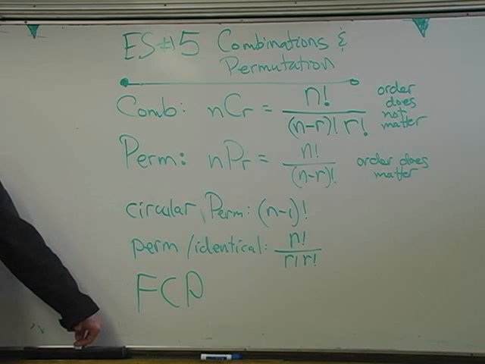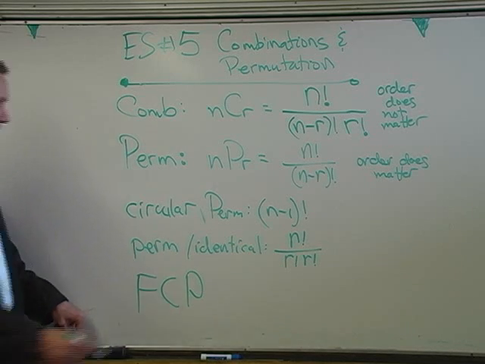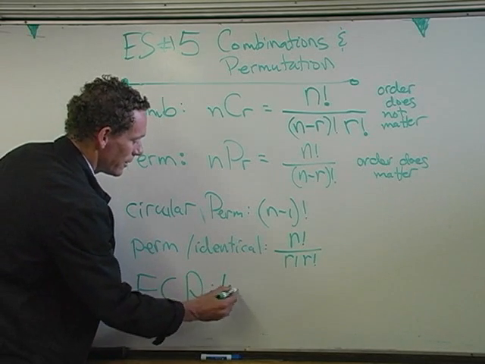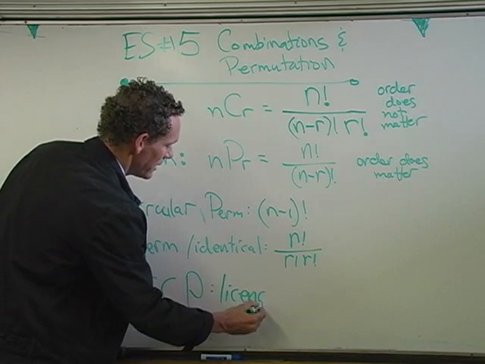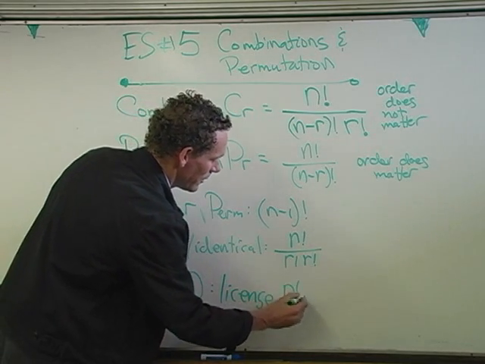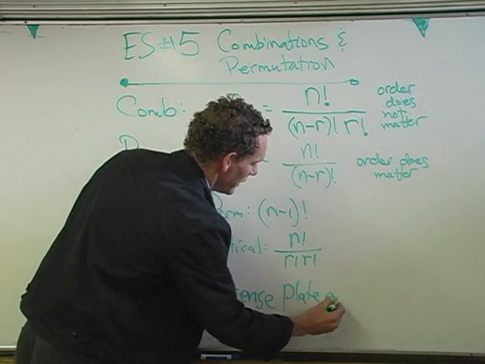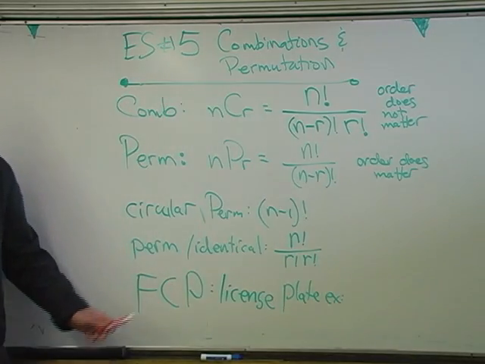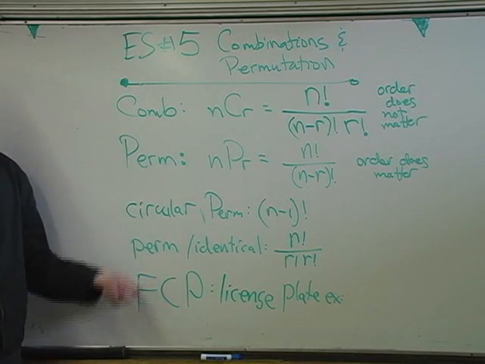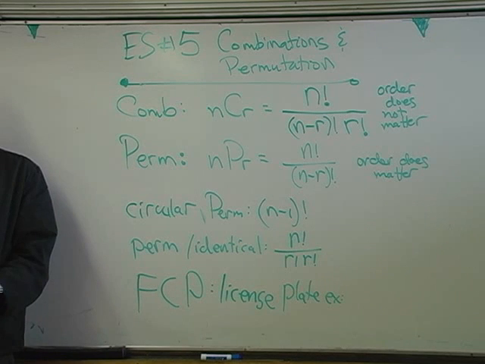The locker combination, the license plate example. So, that's an overview of the information associated with combinations and permutations.